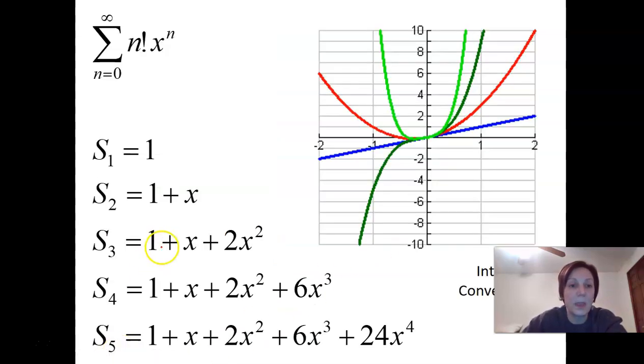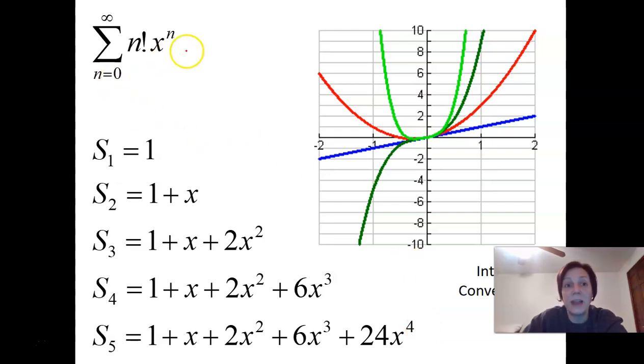It's really cool. This is a bizarre example of one that is only ever going to converge at the center. In other words, if x is 0, then all the terms will be 0, and your polynomial will match your series. This is the only time that happens.